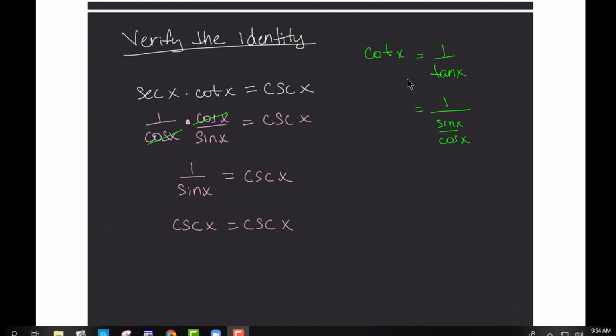And if you're dividing by a fraction, you multiply by the reciprocal. So that's going to equal 1 times cosine of x over sine of x, right? Which is the same thing that we ended up getting over here. And that's perfectly fine. It's just going to take you a couple extra steps. If you don't see the connection to get straight to a sine and a cosine, you might have to take an extra step in there, and that's perfectly fine.